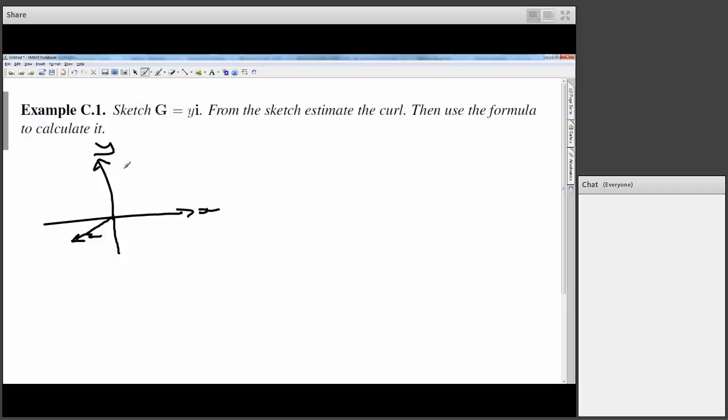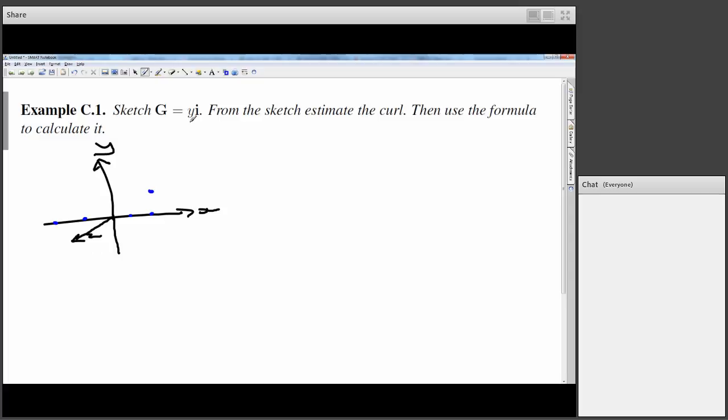So I'm going to draw it, and I've got a sense of what curl is. When y is 0, so pick a few points here, then the resulting vector is 0, nothing at all. Let's pick this point here. That will be x equals 2, for example, y equals 1.